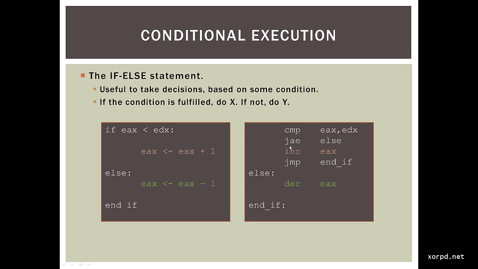We could use only this instruction, the jump above equal, and we could just discard all the part of the code that begins from the jump and ends here at the dec. So if we want to have if and else, we need two jumps, one conditional and one unconditional. But if we only want to have one clause, only the if clause, then we only need one conditional jump. So it depends on what you want to do.